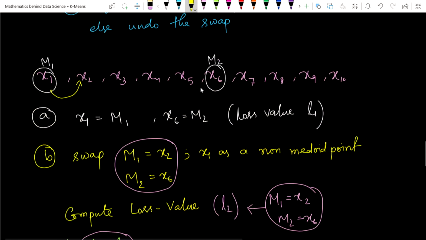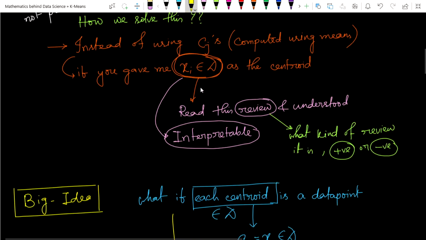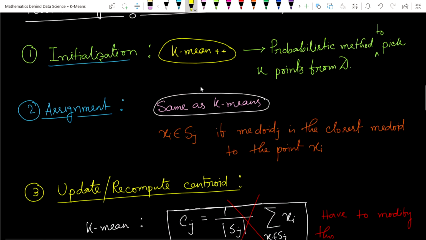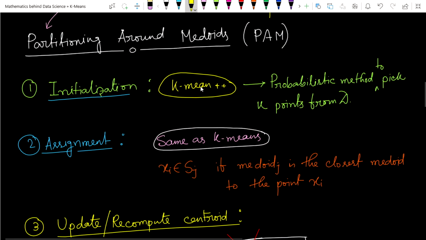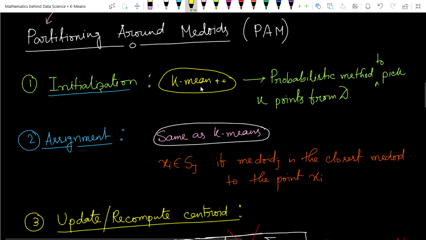I think from this lecture we got the idea of how K-Medoids actually works. Just to recap, we have to modify just the third step. To build K-Medoids, the medoids will be data points of our data set.